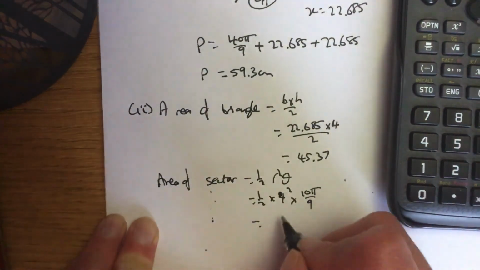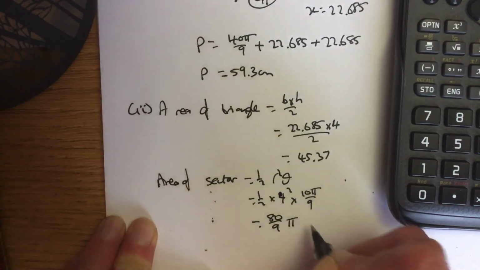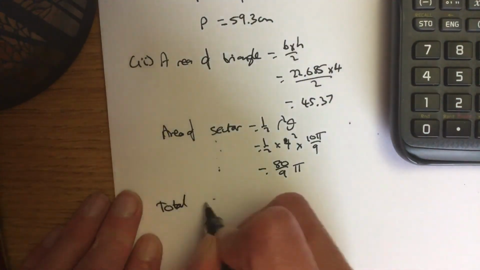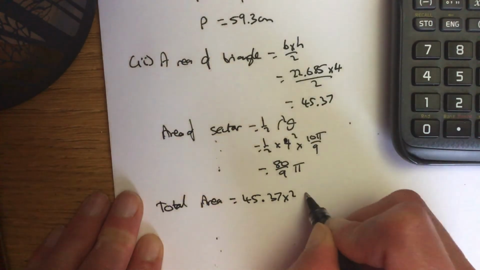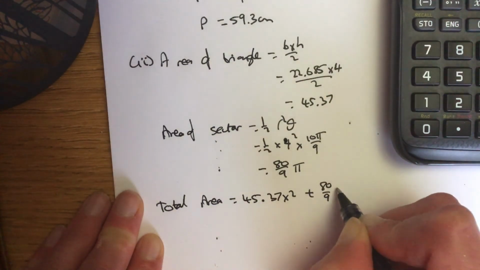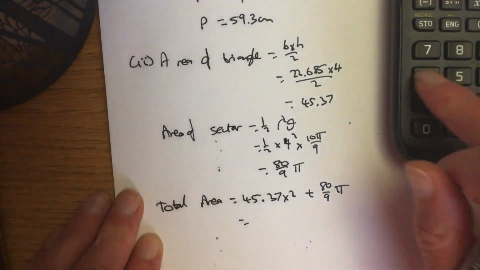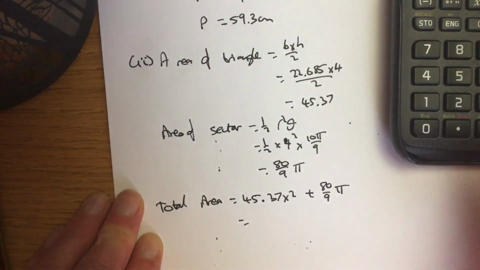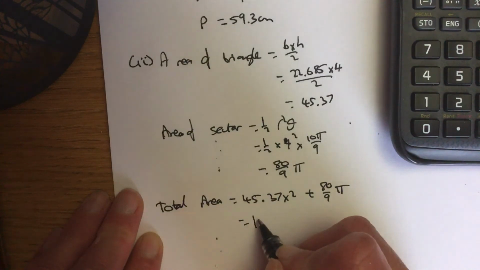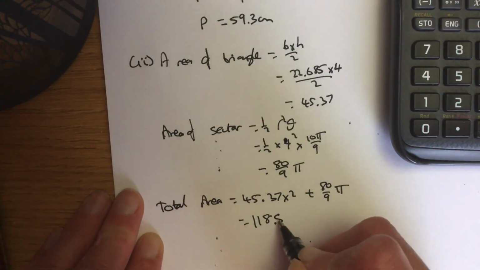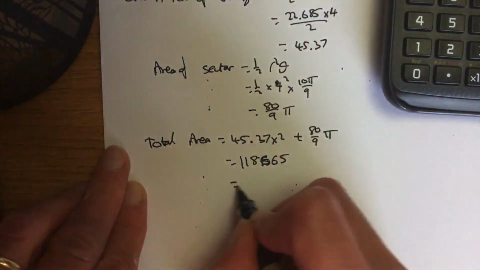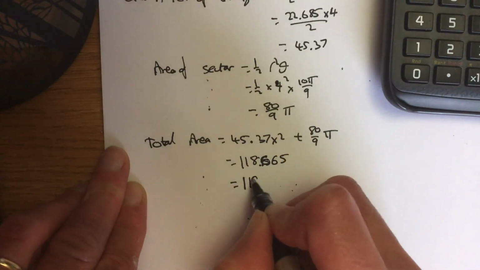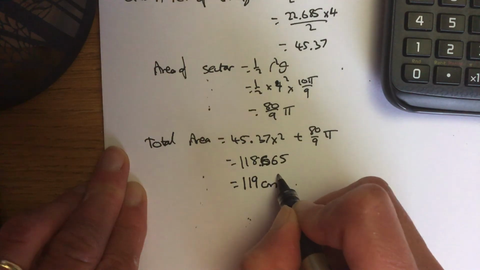So the area of that sector is 80 over 9 pi. So your total area is the area of 2 triangles, remember, plus 80 over 9 pi, giving you a final answer of, first of all, to a couple of decimal places, just because this is the way you probably will write it in the exam, but they will expect 3 significant figures. So it's 119 centimetres squared.